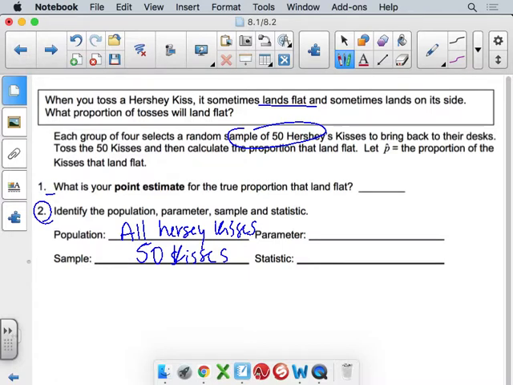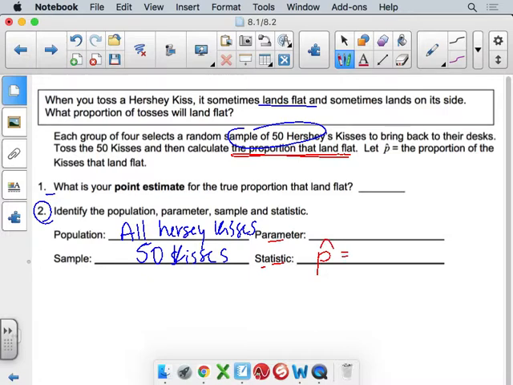All right, and then a parameter and a statistic: what number were we looking for from the population, and what number from the sample? What we were trying to do was find the proportion of the Hershey Kisses that would land flat. So our statistic is going to be our sample proportion.